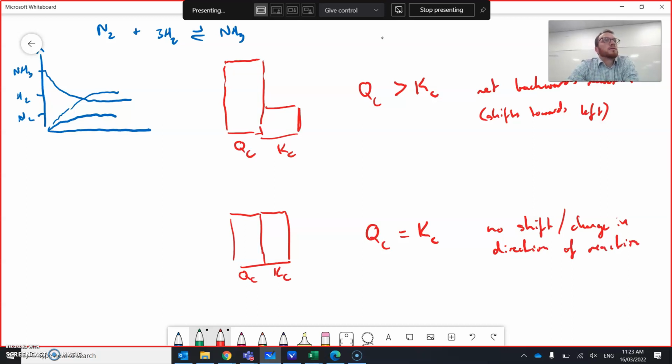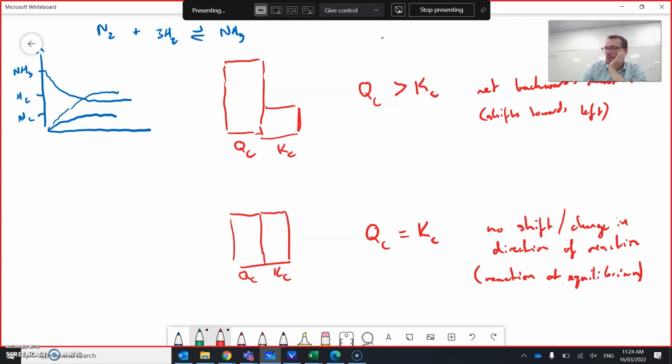There's no shift, though we still have the forward and backwards reaction occurring because the reaction is at equilibrium. So looking at this table, if I have 0.0011 molar of nitrogen, 0.0011 molar of hydrogen, and 2.7 by 10 to the minus 7 molar of ammonia, that reaction is already at equilibrium and we won't have that shift. If I put it in the appropriate quantities, we're not going to have any change in direction of reaction.